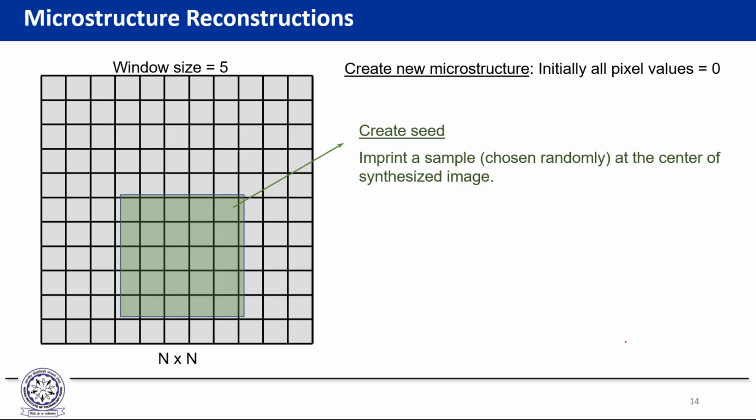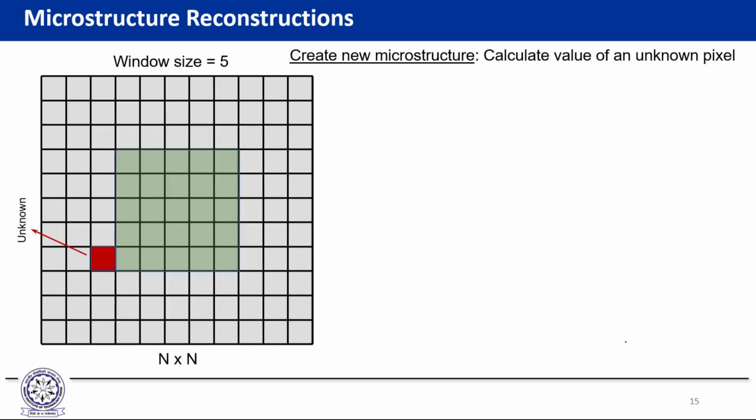And what this seed is going to do is, it is going to give you an initial value for reconstructing this microstructure in an iterative process. So how are we going to iterate? We are going to look at that pretty soon. So what we now do is, we have to essentially take this patch and translate it all around. We have to take this seed and translate this all around. And so what we do is, initially we will take an unknown pixel whose value we have to assign.